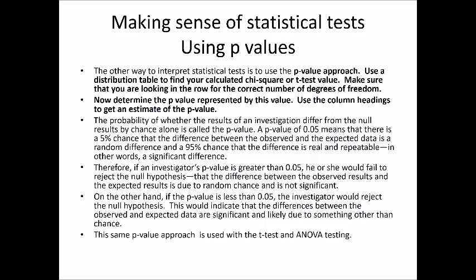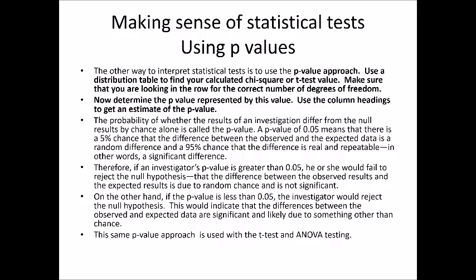Anything below that. So if an investigator's p-value is greater than 0.05, we're going to fail to reject the null hypothesis because there's a chance the differences could be simply due to chance. On the other hand, if the p-value is less than 0.05, we're going to reject the null hypothesis. And this indicates that the differences between the observed and the expected data are significant, and it's not likely that they're due to chance.